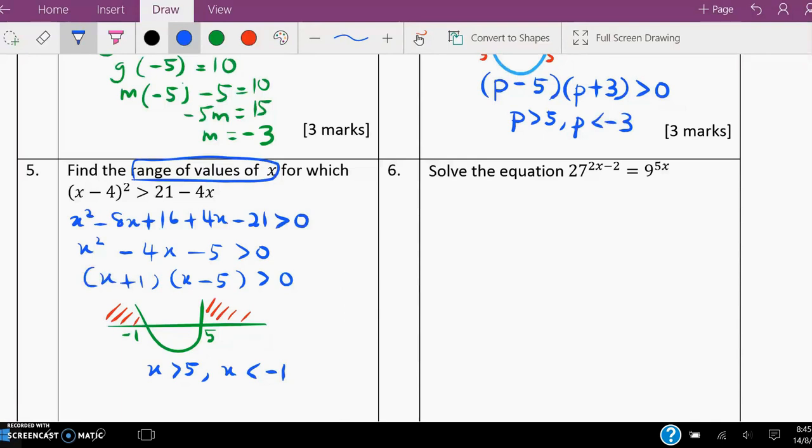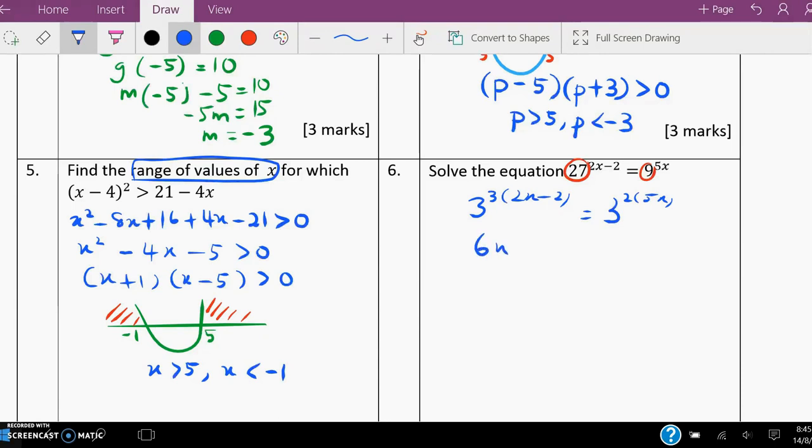Okay, one more. Like the previous question, you must make sure that this 27 and 9 come from the same family. So base 3 means that 3 to the power of 3x, 3 to the power of 2x minus 2, and 3 to the power of 5x. So we compare the powers.